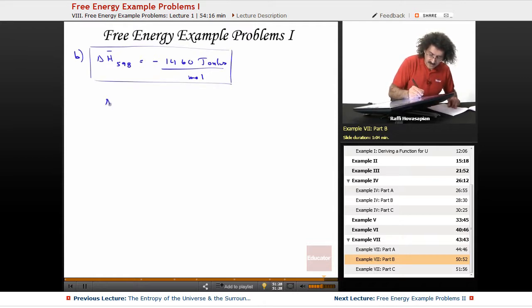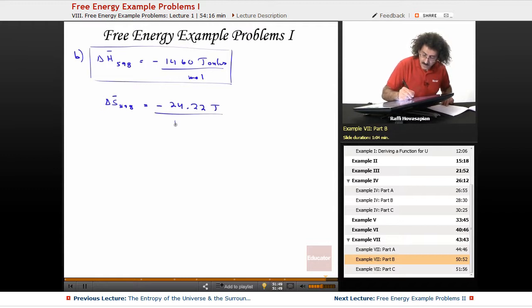And delta S at 598 is going to equal negative 24.22 joules per mole Kelvin.